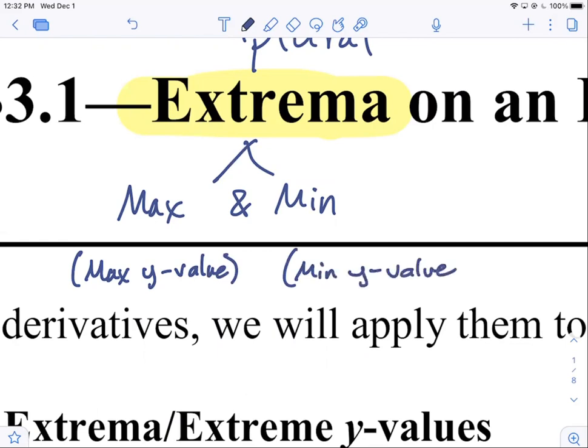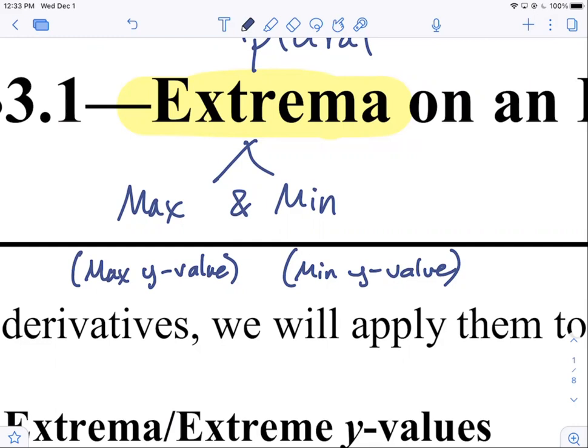Typically when we talk about max mins, we're talking about y values that can represent all kinds of things like maximum temperatures, maximum efforts, whatever, and they occur at x values, at certain times, typically, is what we measure.